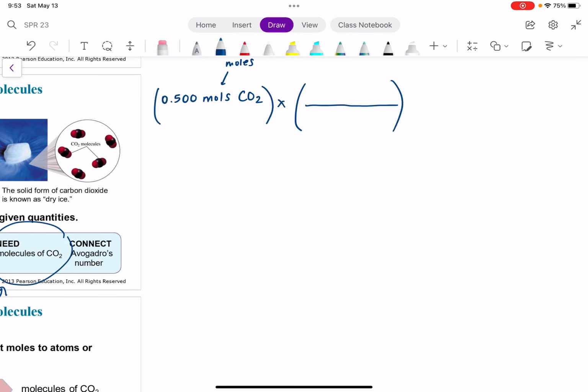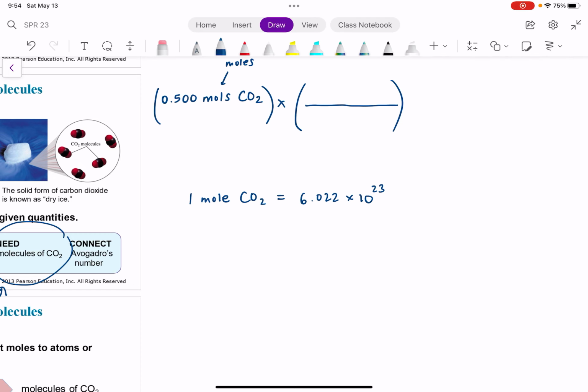So if we know in 1 mole of something, anything, so let's say 1 mole of CO2, we have how many? 6.022 times 10 to the 23rd, what? Right, atoms, molecules, ions, any of those types of particles, cats, dogs. 1 mole of anything is 6.022 times 10 to the 23rd of that thing.